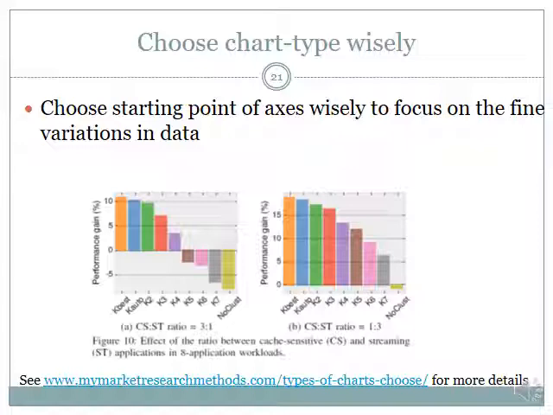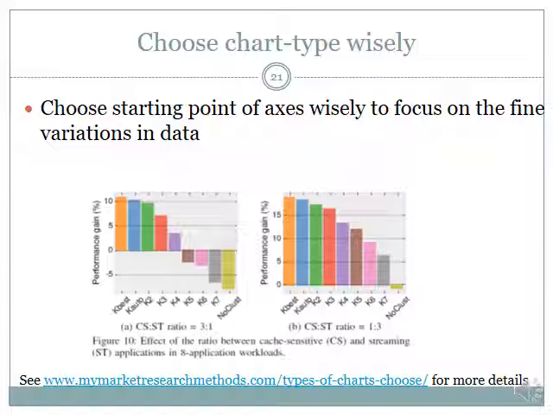Now, a very important point is to choose the starting point of axis wisely so that you can focus on the fine variations in data. So here I've taken this figure from a paper, where they are showing this performance gain for this setup, and their beginning point and the end point, that means the limits of the y-axis, are different from the figure on the right, and they have chosen the y-axis limits very wisely so that they can focus on the fine variations.